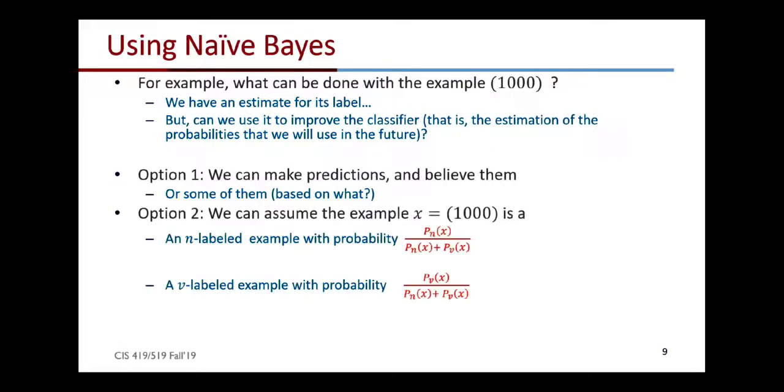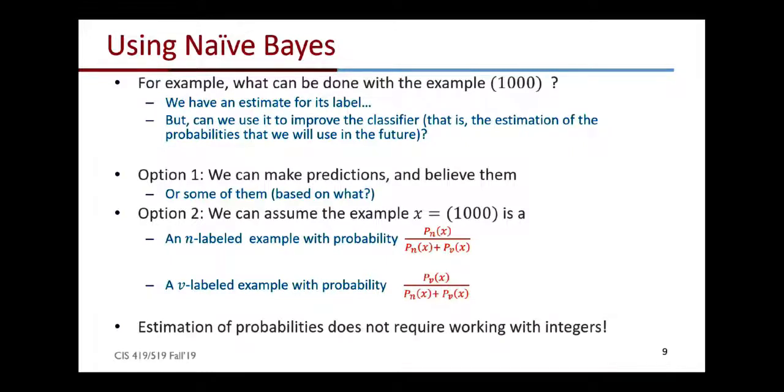A second way is to actually use fractional labels. So we know that, given a prediction, Pn of x or Pv of x, we know the probability that an example is an n example is this, and the probability that it's a v example is this. We can actually assign these two numbers to the example. No one said that the label has to be an integer, right?